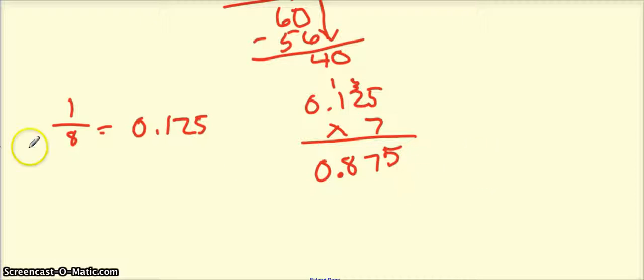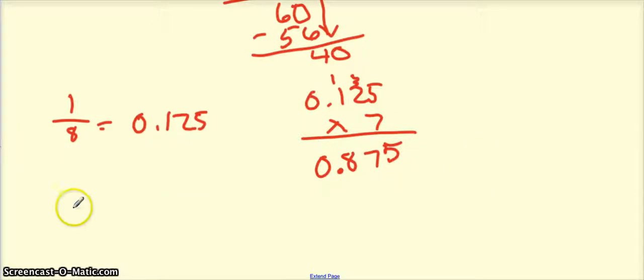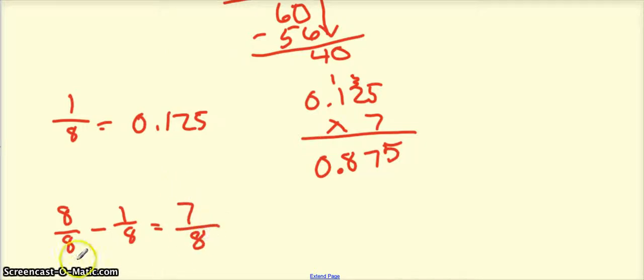Now the third way that we could have looked at this is that 1 whole can be written as 8/8. Minus 1/8 would give me 7/8. So if I wanted to figure out 7/8, I could take 1 whole and subtract my benchmark fraction of 1/8, and I would still get the same answer.